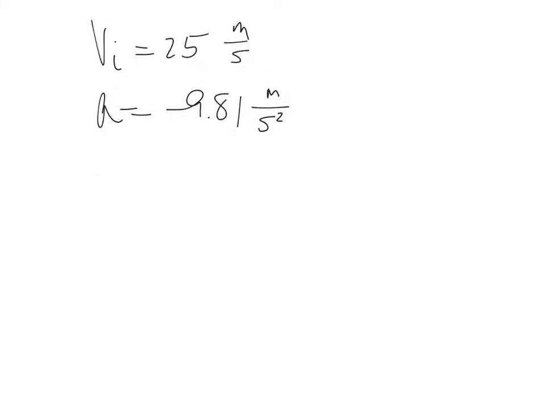So, the initial velocity is 25 meters per second. We're redoing this problem real quick, but we can do it all in one piece. That's the initial velocity. The acceleration is still the same. It's always the same in the vertical direction. Now, if I launch it from the ground, and it comes back around and hits the ground, what else do I know?